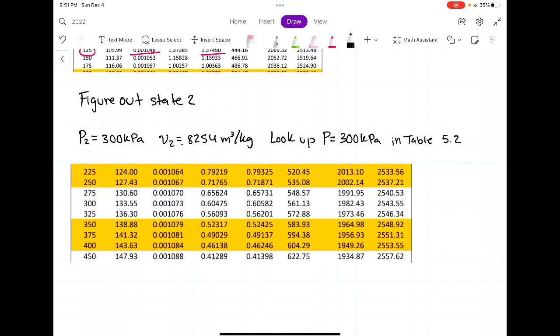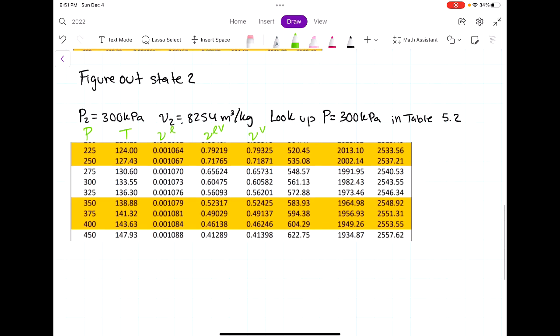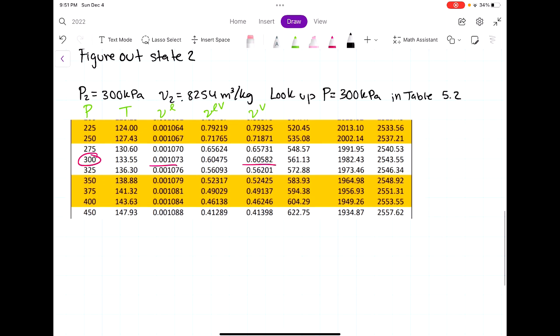Alrighty, so just a reminder, I cut off the title, so this is pressure, temperature, specific volume of the saturated liquid, specific volume of liquid vapor, and specific volume of saturated vapor. Alrighty, pressure at 300 kilopascals is right here, so we'll be looking at these two. We see that our specific volume is larger than the specific volume of the saturated vapor.